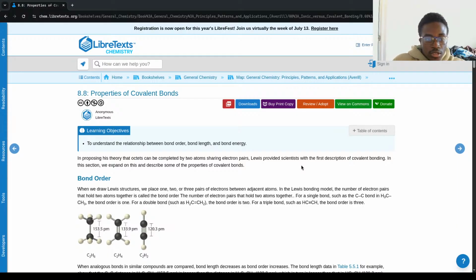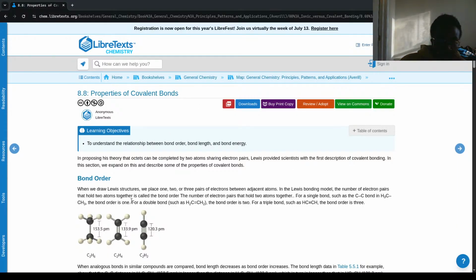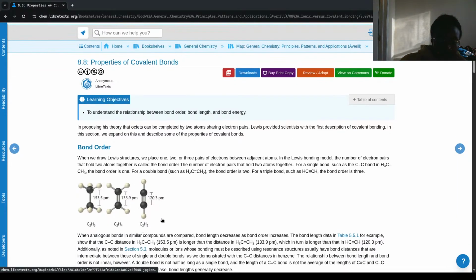Alright, let's look at it, right? Okay, bond order, blah blah blah. So this is an unsaturated bond. This is fully saturated. This is unsaturated, and this is the most unsaturated, right?